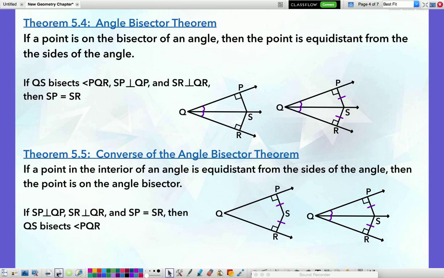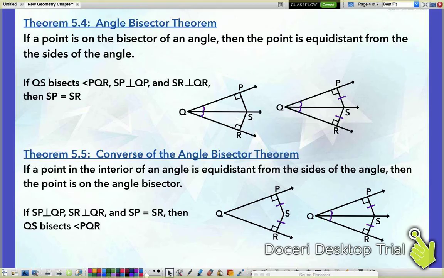I know that these are a lot of theorems and they might not make a whole lot of sense, but basically things are just equal to each other. So if a point is on the bisector of an angle, then the point is equal distance from the sides. Okay, so on this, I'm going to go into my highlighter. And it doesn't need to be so big.